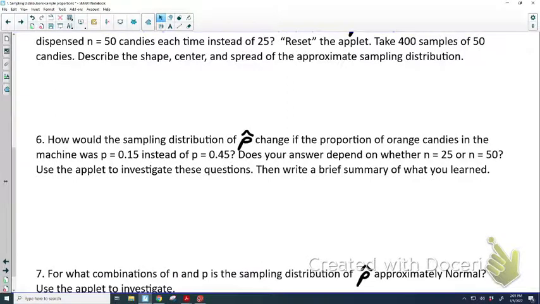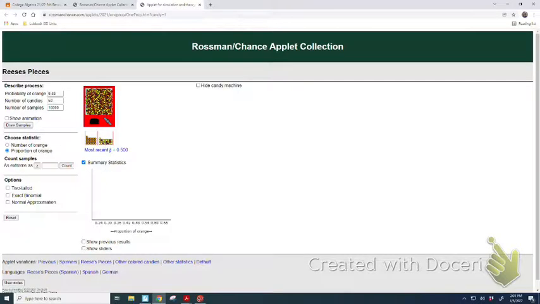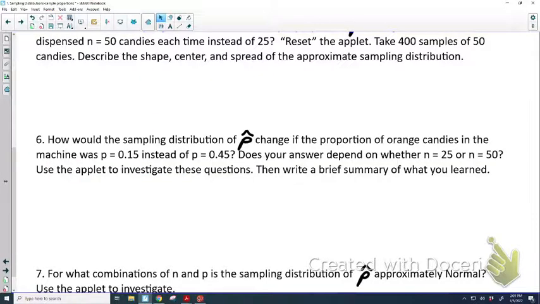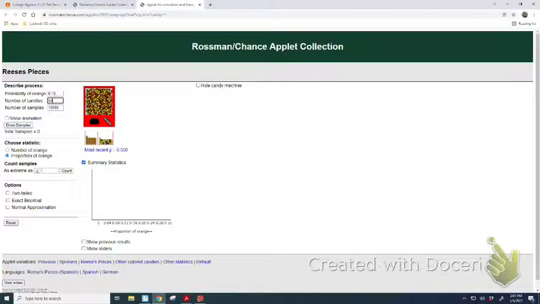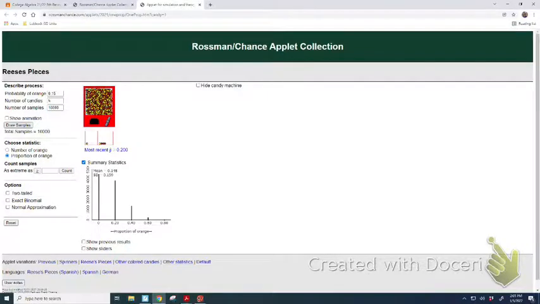Down here, I ask you to take it down to 0.15. So let's hit reset. Change it to 0.15. What did I say to change that to? I think I left it at 25. I'm going to take that sample size down to 5. And we're going to do it a lot of times. So in this candy machine, there's only 15% orange. I'm going to take a small sample of 5, but I'm going to do it 10,000 times. I get a very right-skewed distribution.